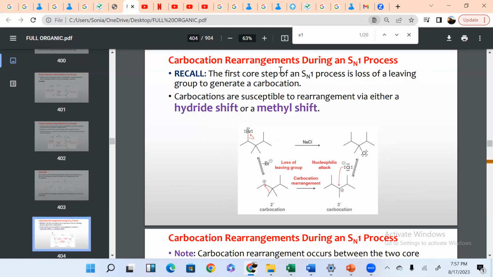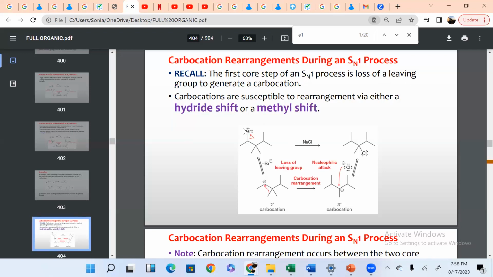For carbocations, you can have rearrangements during an SN1 process, because what drives SN1 is the most stable carbocation. So if you look at this example here, carbocations are susceptible to rearrangement via either a hydride shift or a methyl shift. So look at this substrate here.